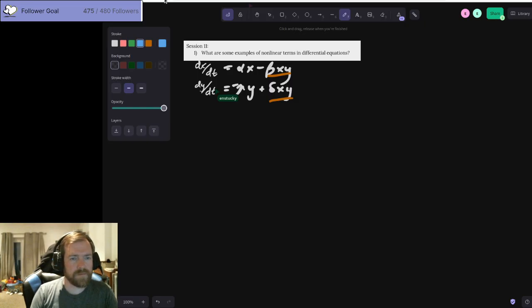So x and y are both dependent variables here. So when you multiply them together, that does constitute a nonlinearity.